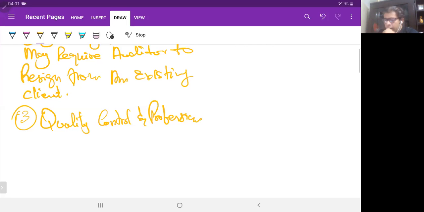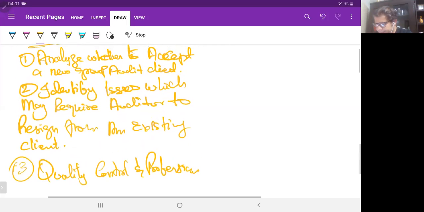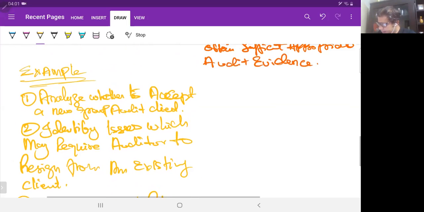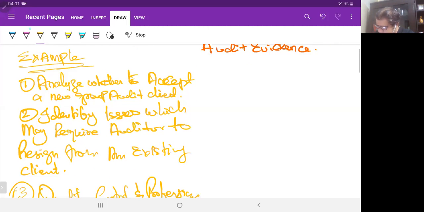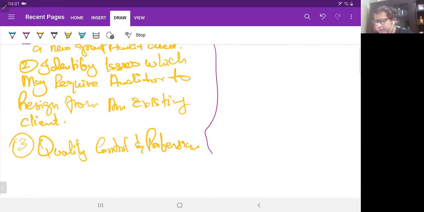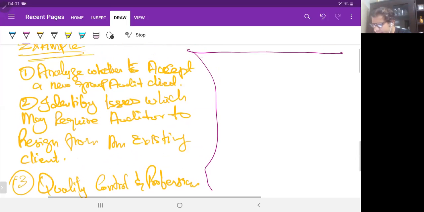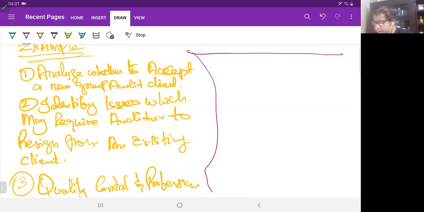So here, ISA 600 gives us the guidance on how to determine the significance of the components, although it is a matter of professional judgment, right?